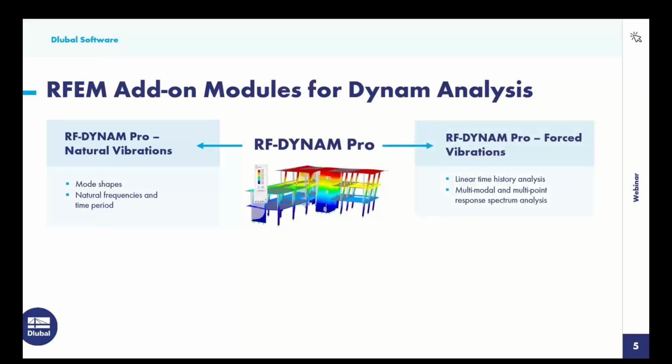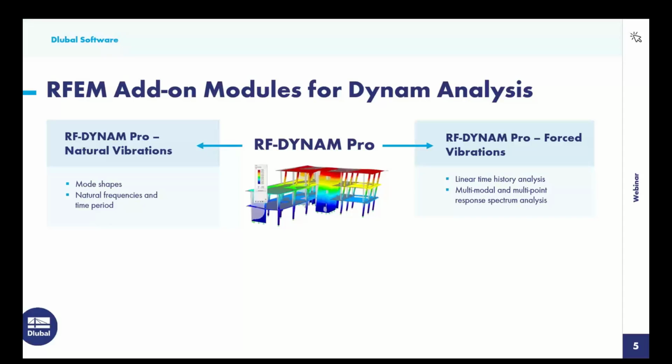Now, the other add-on module is RF-DYNAM Pro Forced Vibrations, and this will allow us to do a linear time history analysis. It's also possible to do a multimodal, multi-point response spectrum analysis, and this does include the various standards like the NBC, the ASCE 7. But there's a couple pros and cons.